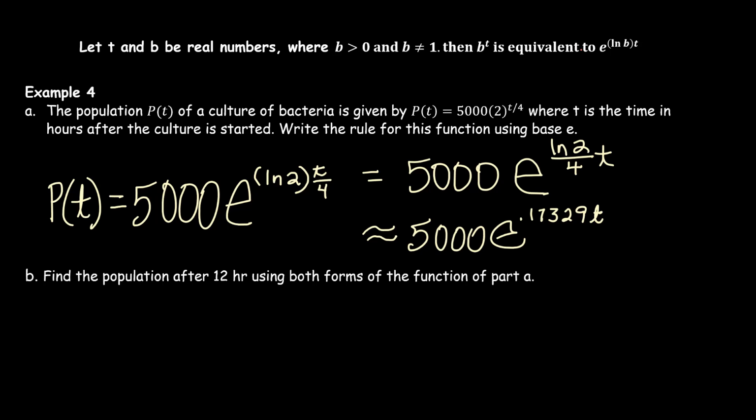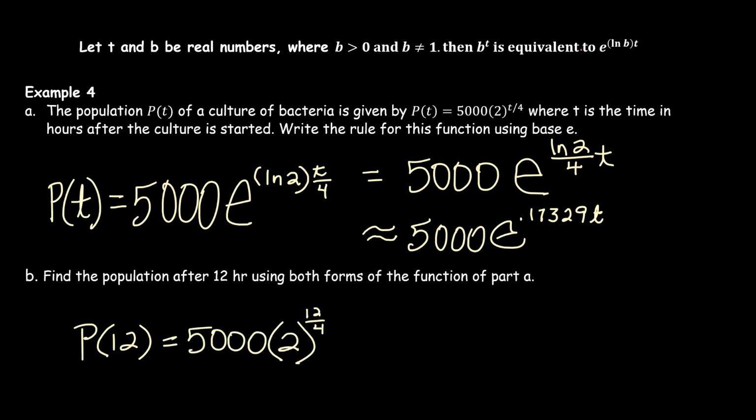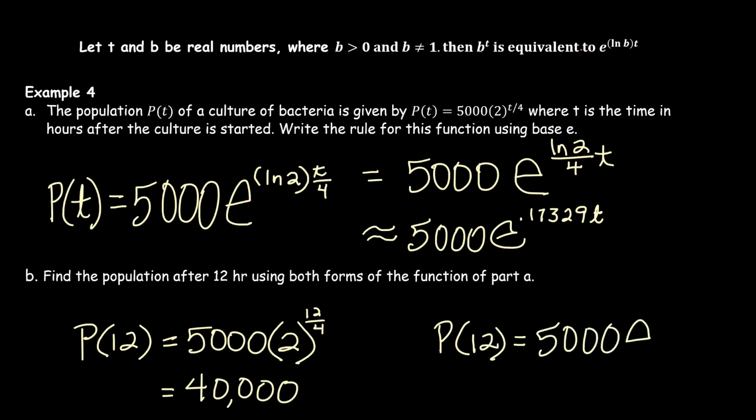So if you use the base 2 function, it's going to look like that because you're putting in 12 hours for your time. And so if you multiply that out, you're going to get 40,000. If you do it with the e base, of course, you're going to get the same answer.